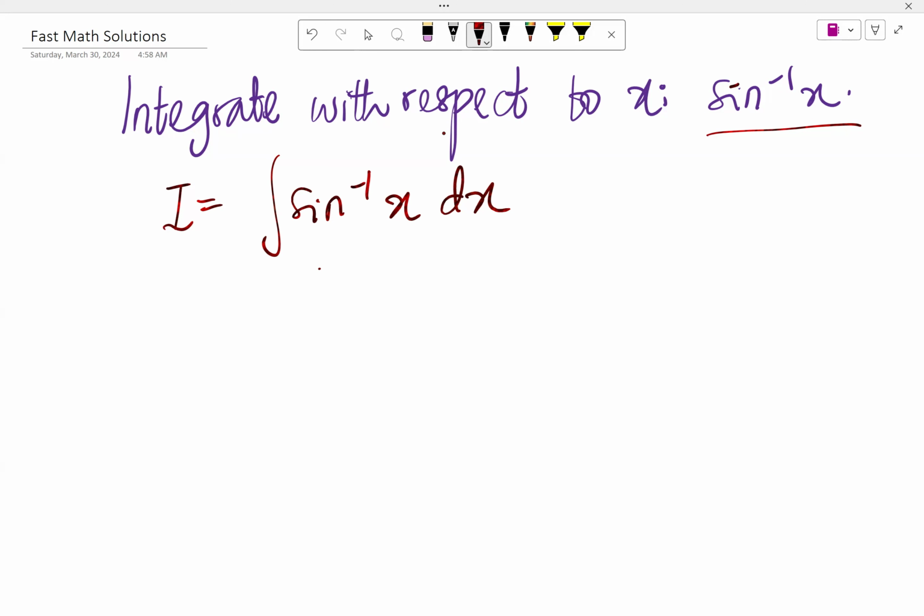So the next question is, once you cannot integrate directly, what other methods can you use?